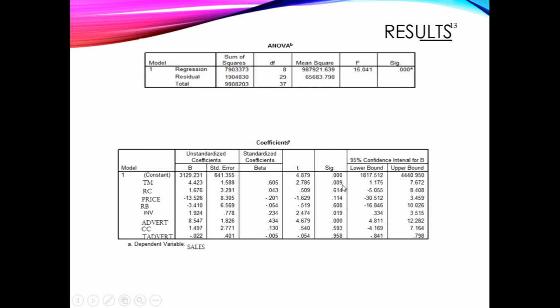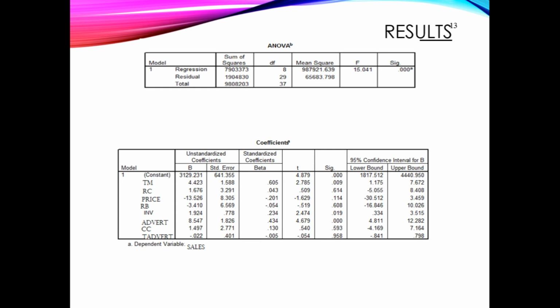That's total market and advert, which we can suppose in our first model influence significantly the variation of our sales, because our dependent variable is sales.